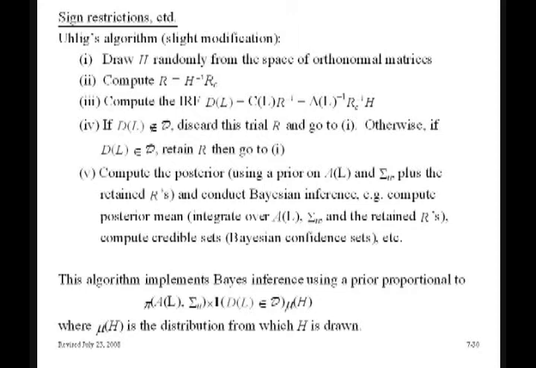And then Harold does this in a Bayesian way, and so he then evaluates all of these using a prior. And the prior is going to be a combination of a prior on the A's and the reduced form matrices, which could be anything in particular, but it's convenient to use a conjugate prior, times this indicator function, which says I'm only going to keep a draw if it meets my conditions.